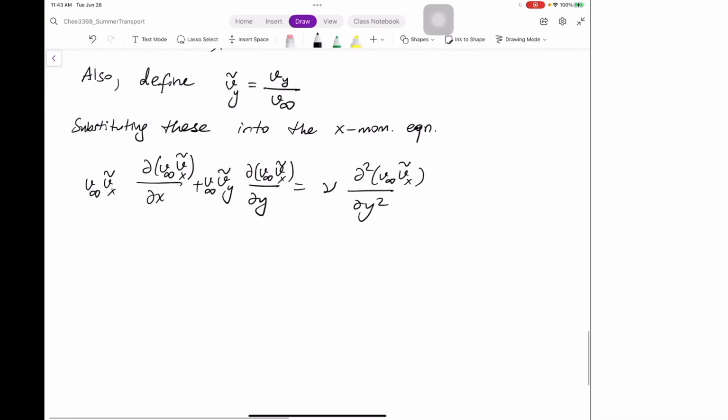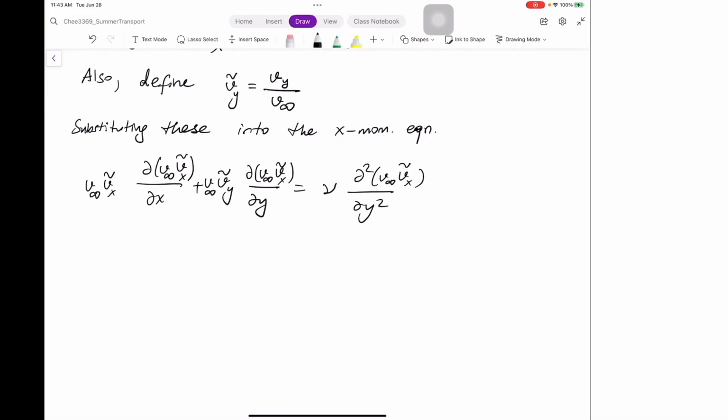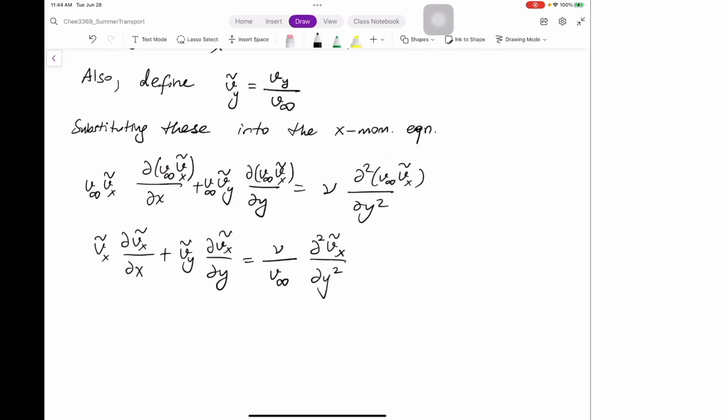If you divide all sides by V infinity squared, what you get is Vx tilde del Vx tilde over del x plus Vy tilde del Vx tilde over del y is equal to nu over V infinity, because I'm dividing by V infinity squared, not only one V infinity, times del squared Vx tilde over del y squared.